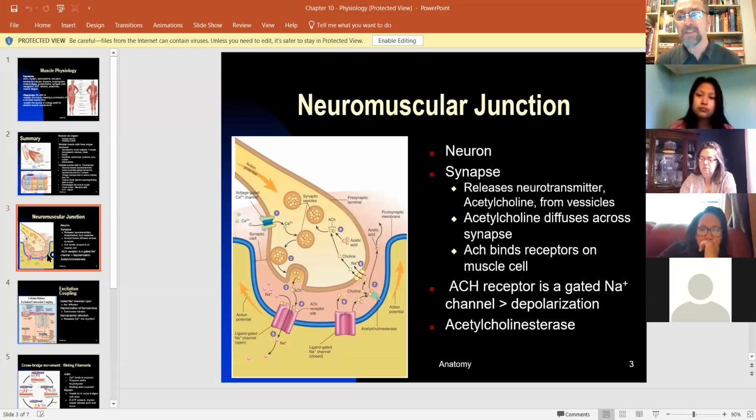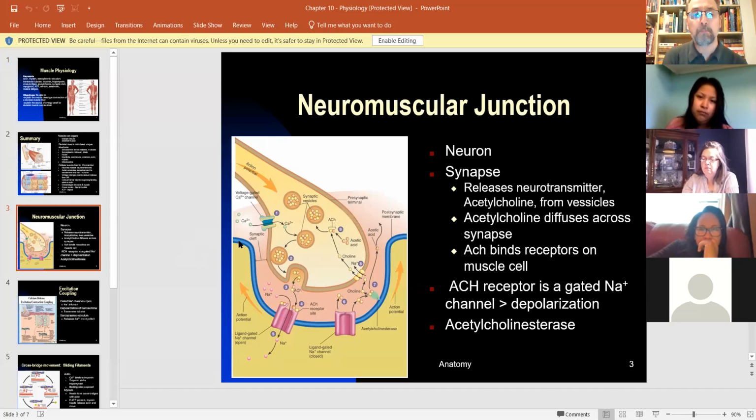You see the neuromuscular junction slide? Yes, thank you. Okay. So the top thing that comes down, I don't know if you can see my pointer, this top part, that's the end of a neuron.